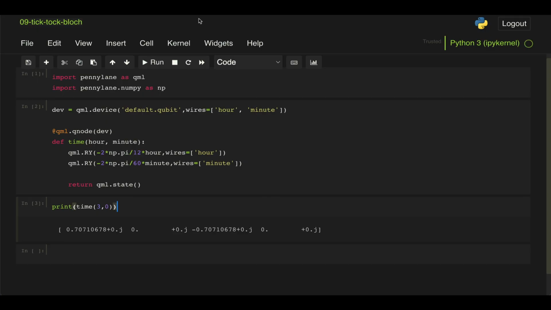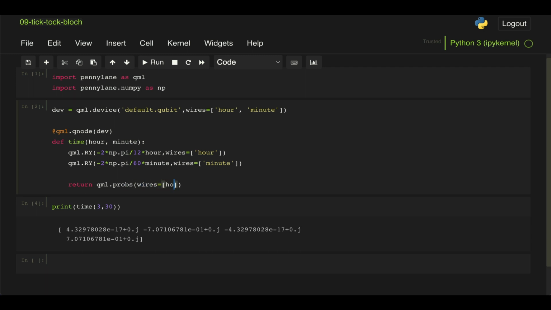And if we were to change that to, let's say, 3:30, right, it will be state 1, right? So we get almost 0 here. And then state minus on the first qubit, and then state 1 on the second qubit. We know this is working correctly, so all we need to do now is return the probabilities on both wires.